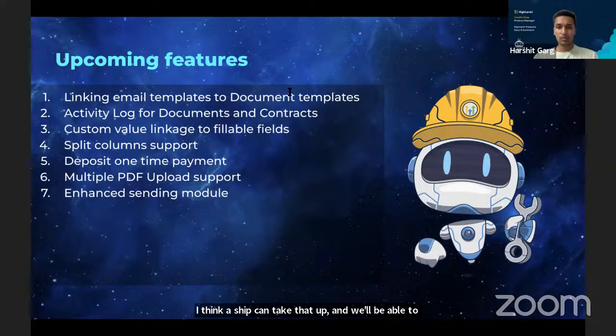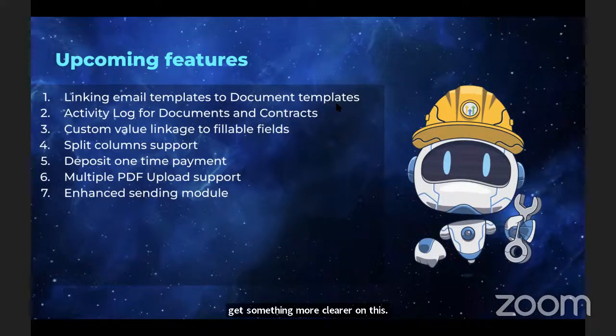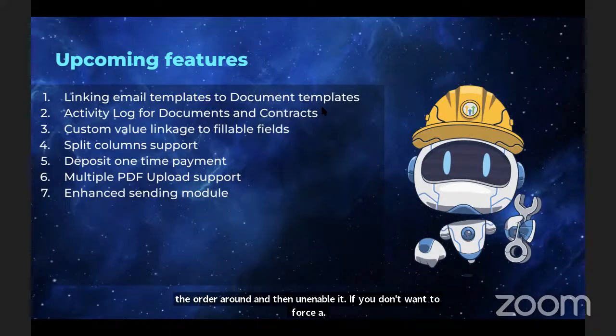Yeah. And one of the things I did notice was, when you're filling out the signature piece, if you don't add the signatures in such a way, it can mix up who's the person, and then you have to enable the order of the signers, move the order around, and then disable it if you don't want to force a sequence of signers.